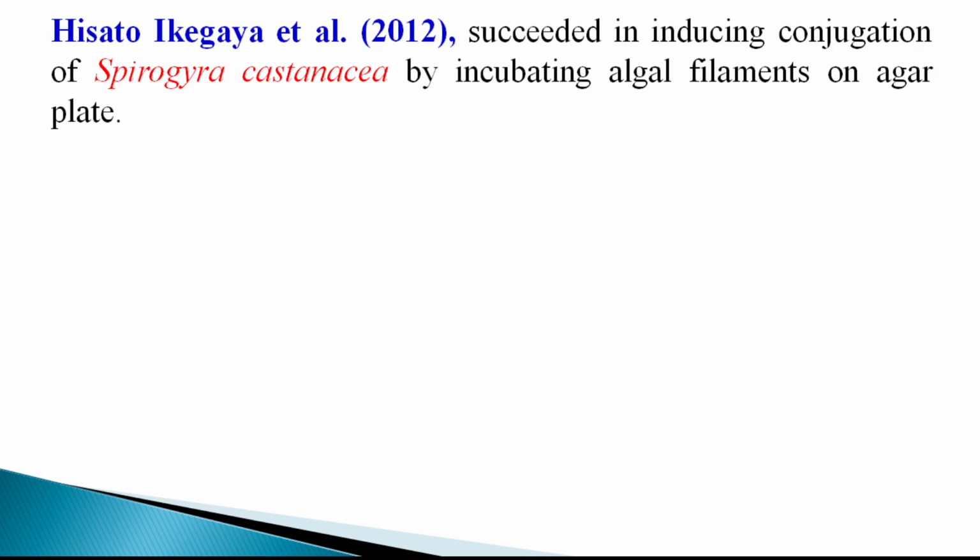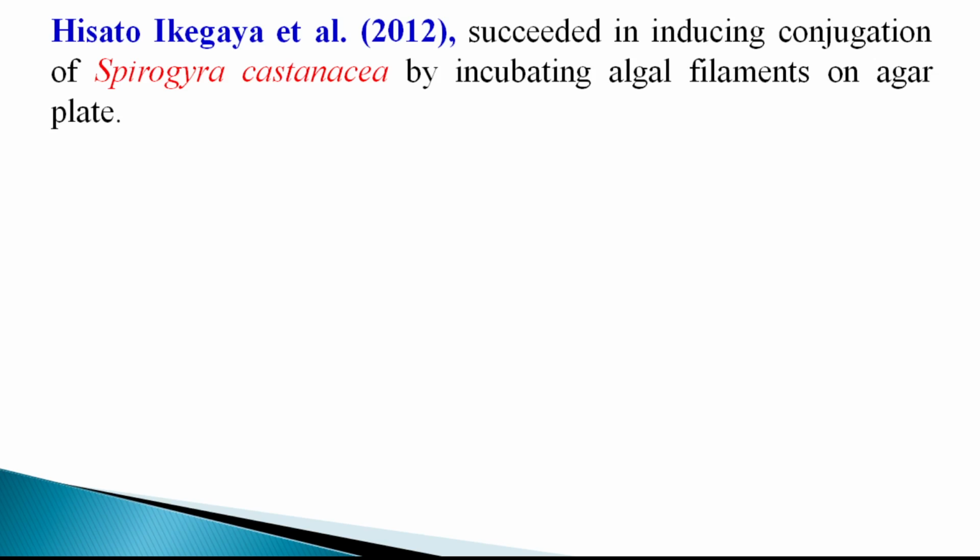They successfully induced the conjugation artificially, using axenic culture on an agar plate, and various conditions were fulfilled artificially until they succeeded in inducing conjugation in this Spirogyra.